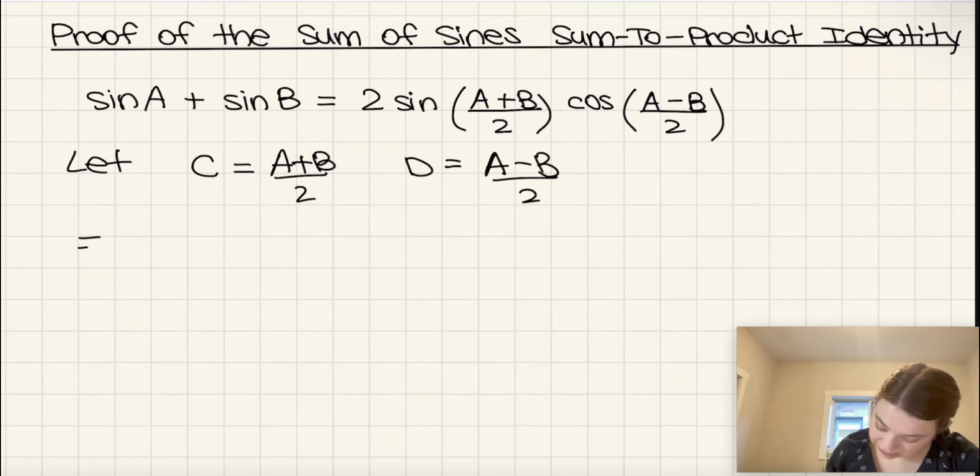If we rearrange this equation, we get that A plus B is equal to 2C.